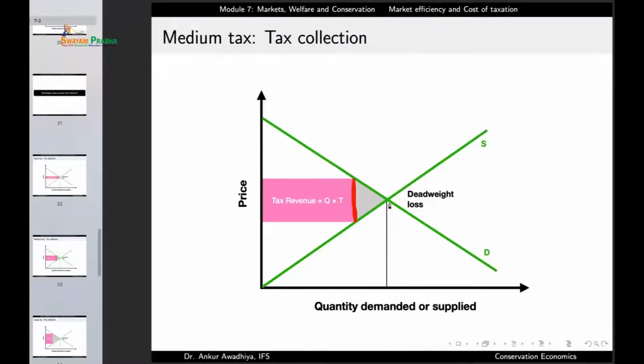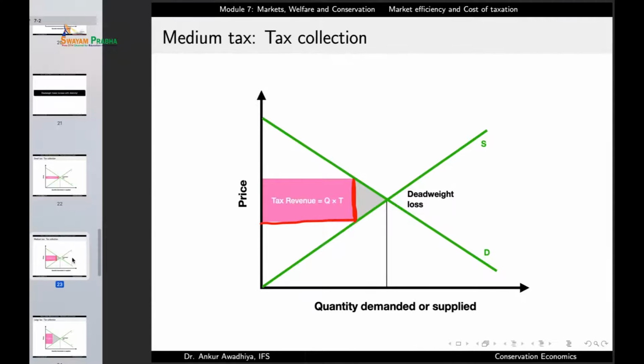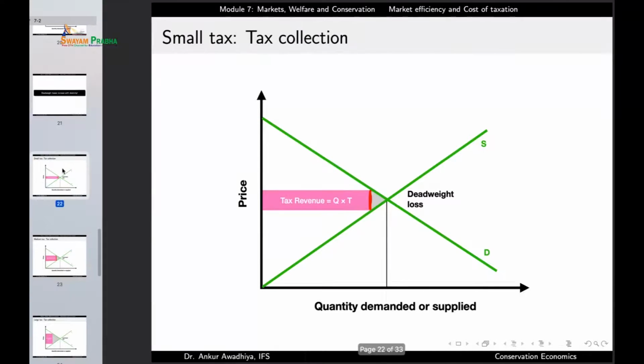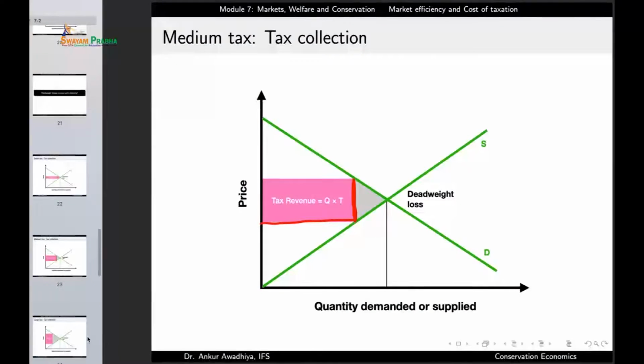So less quantity of goods will be sold in the market, which is what we are observing here. When T has increased, the Q, which is given by this much length, decreases. So earlier we were having a larger Q, but now we have a much smaller Q. So Q reduces. But the total tax revenue has increased because this pink colored rectangle has a smaller area as compared to this rectangle. So when T is increased, Q reduces, but Q into T still increases.